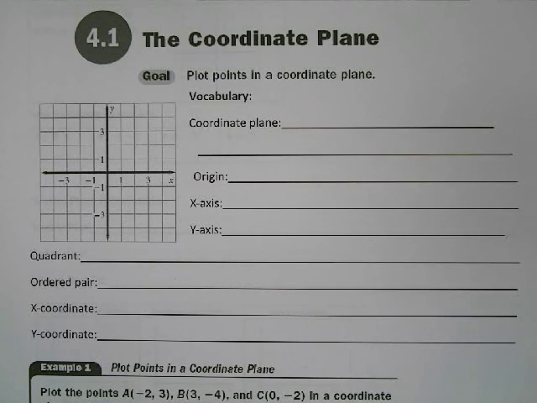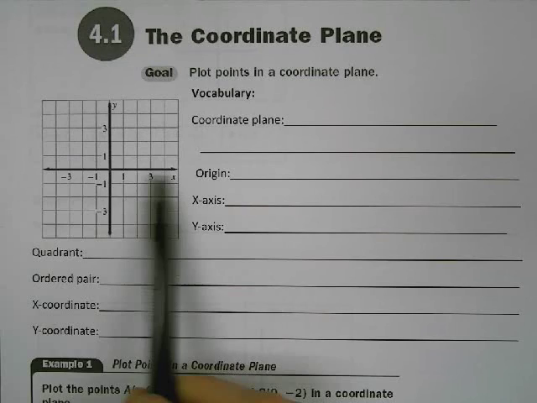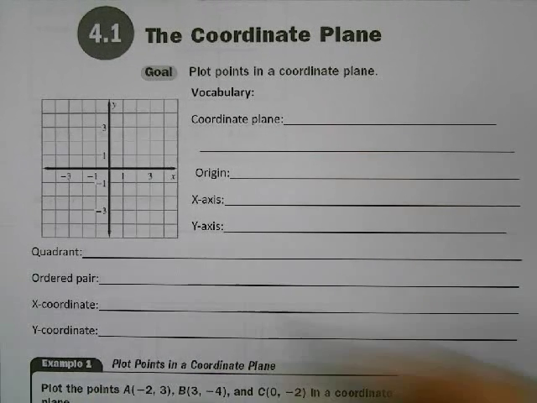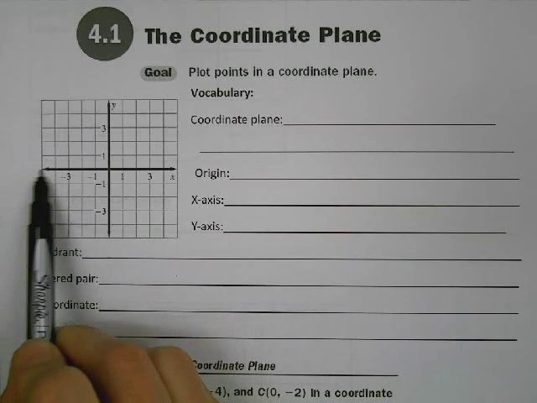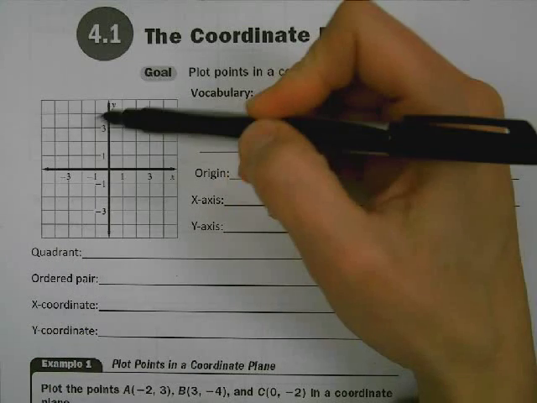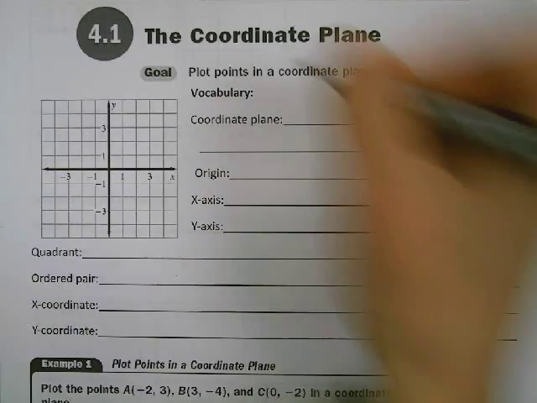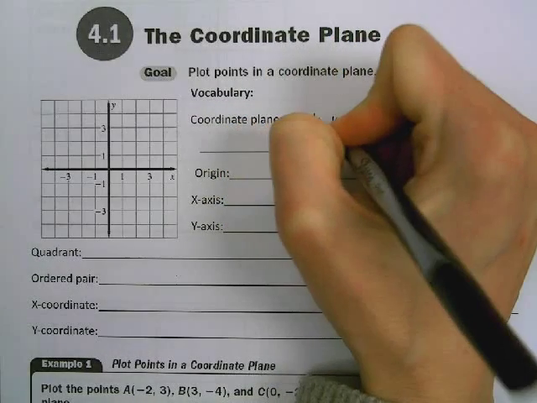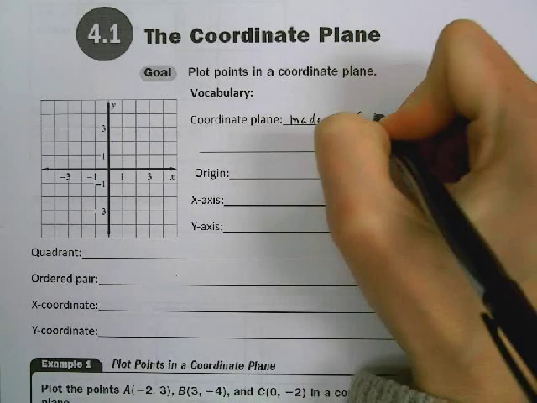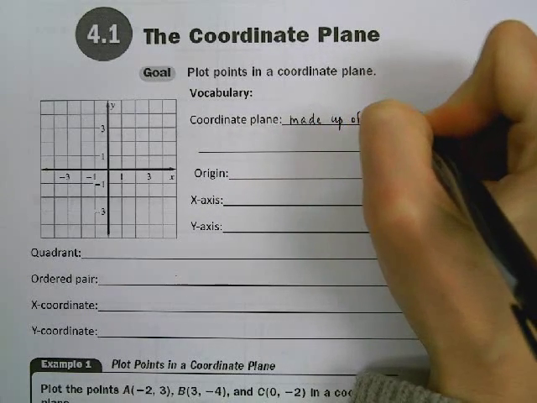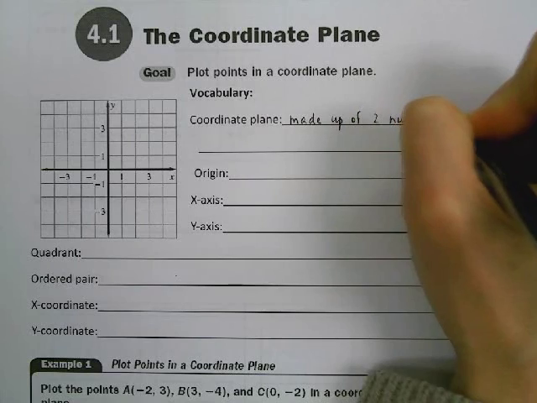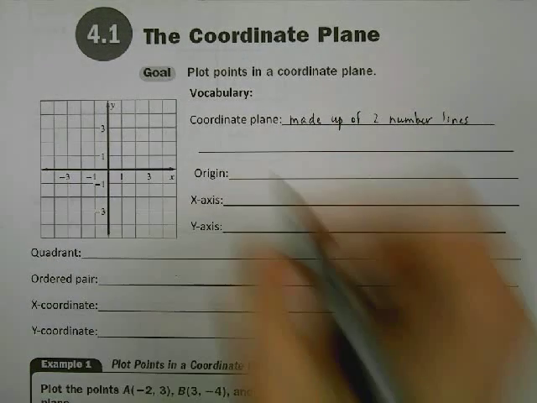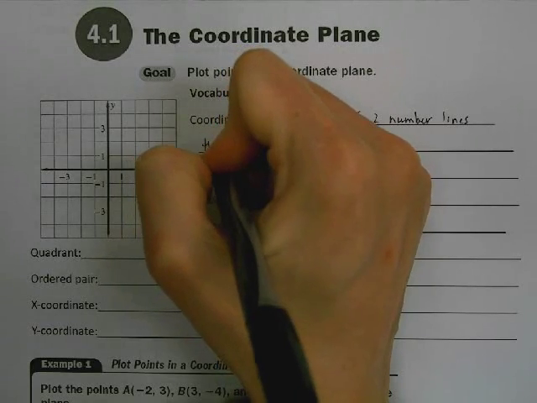So first of all, when we talk about the coordinate plane, this is an example right here. And really, the coordinate plane is just made up of two number lines. So you can see I have a number line here, and then a number line here. So it's made up of two number lines that intersect at a right angle.